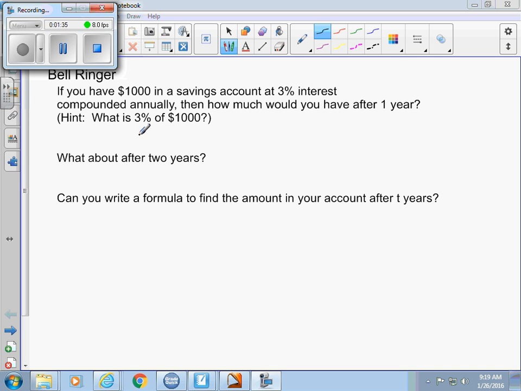How much would you have after 1 year? $1,030. Why $1,030? Not exactly 130.